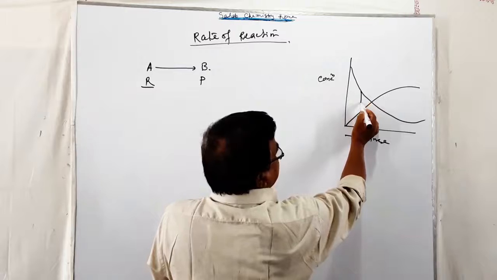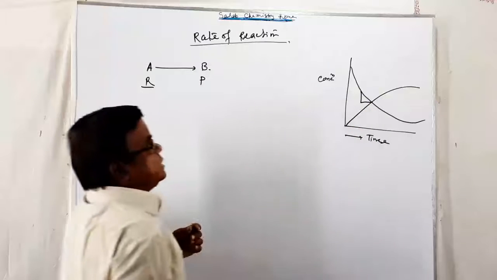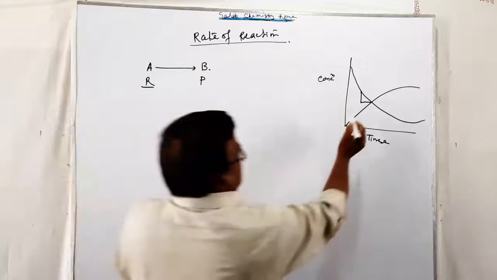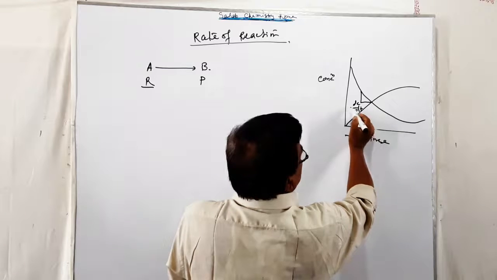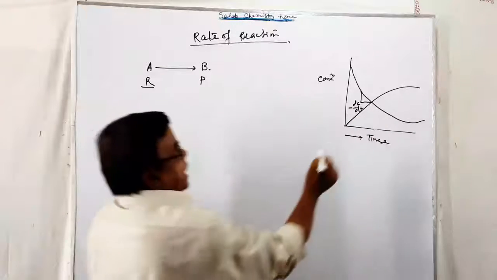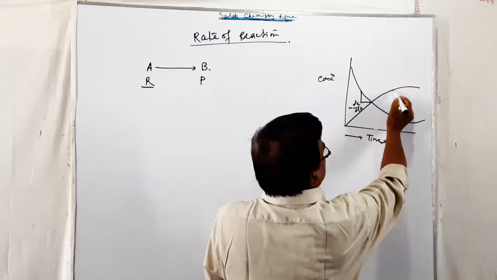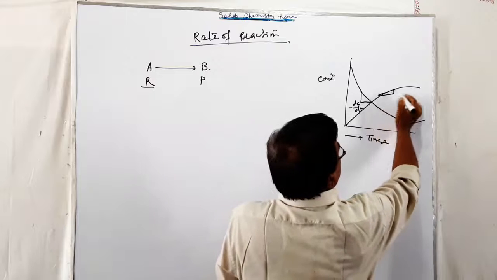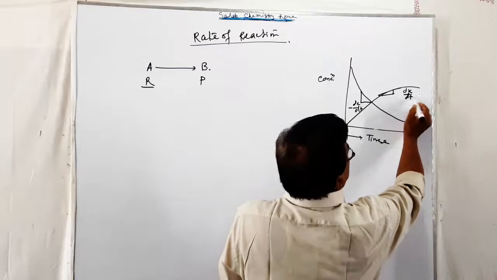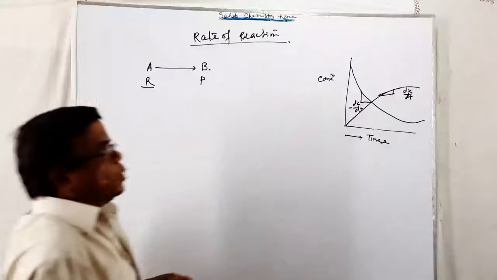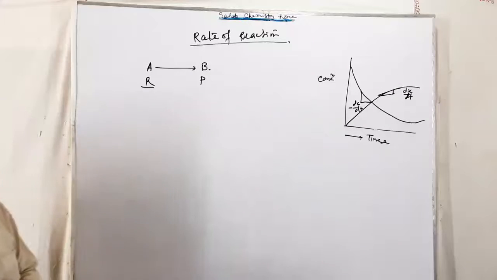In this tangent, the slope dC by dt is negative, and here the tangent dx by dt is the rate of product increase in time t.